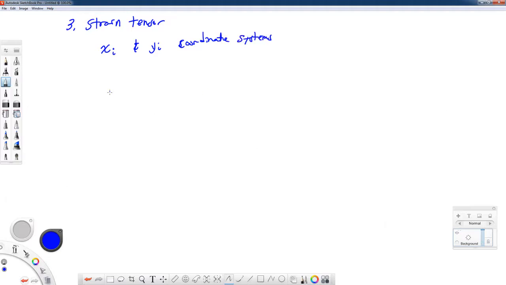And we know that we can characterize the difference in the square of the length from one coordinate system to the other, back when we first started talking about strain, as ds squared minus d regular s squared equal to 2 epsilon ij dxi dxj.